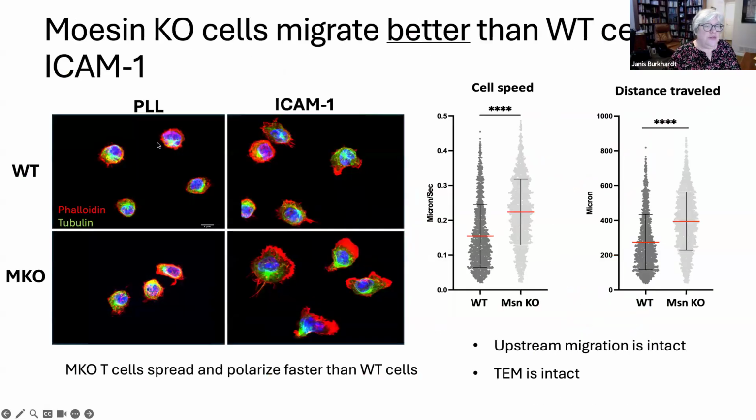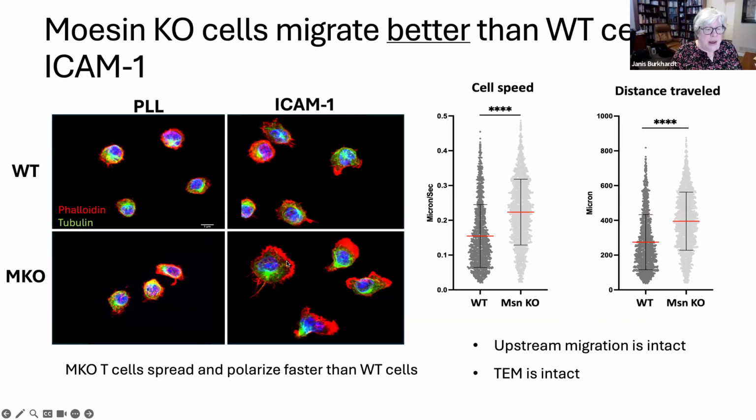The first thing she did is she just took wild type and myosin knockout cells and put them down on ICAM1 and had a look. And it was very clear that the myosin knockout cells can make very nice lamellipodial protrusions. Sometimes they're bigger and more robust than the wild type cells, but not always, and that didn't really prove to hold up to careful quantitation.